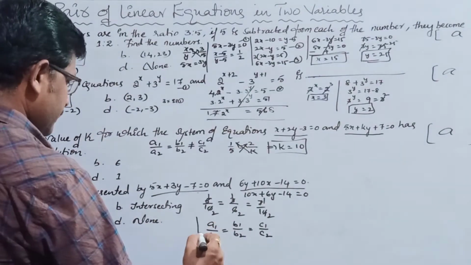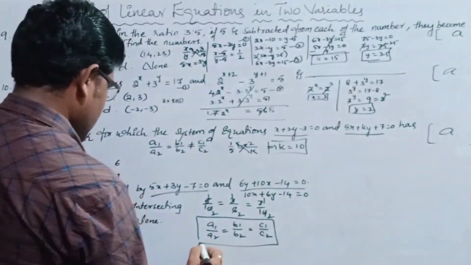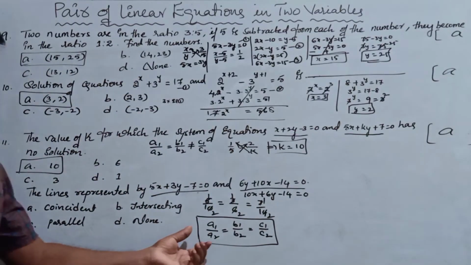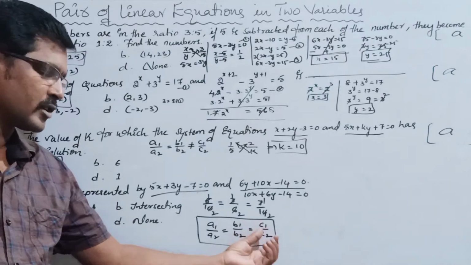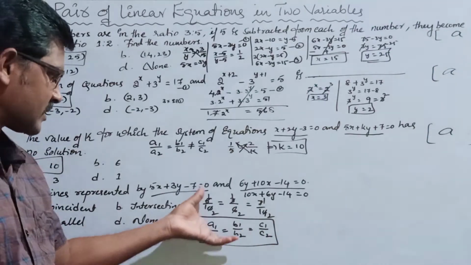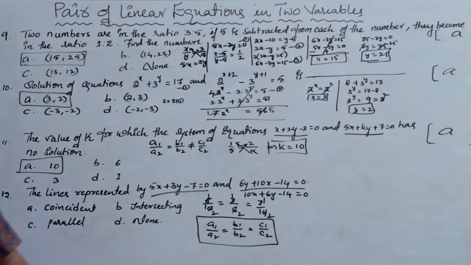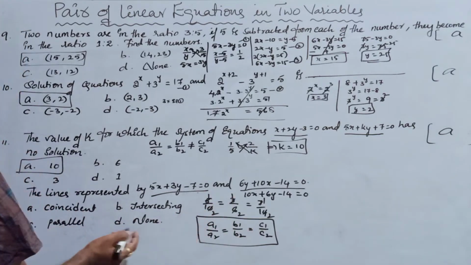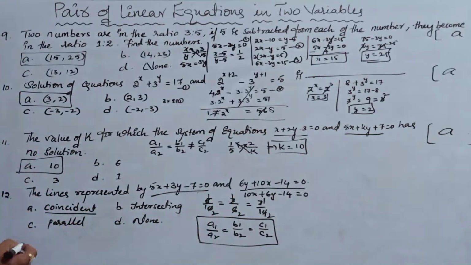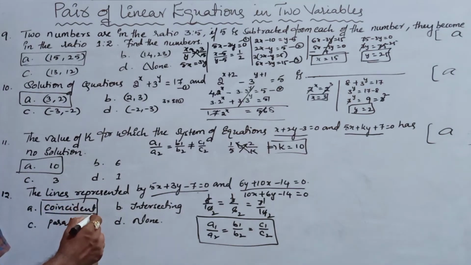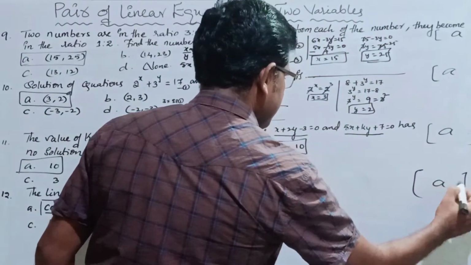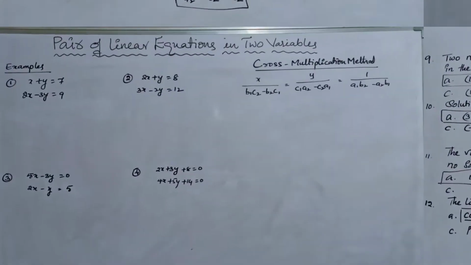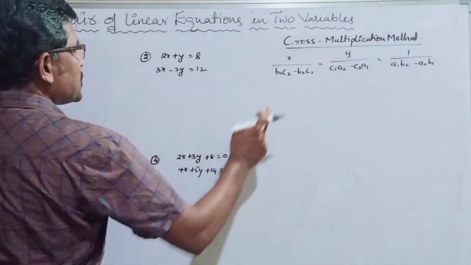So the graphical condition is coincident lines. Coincident lines. Option A. Now let us see the cross multiplication method.